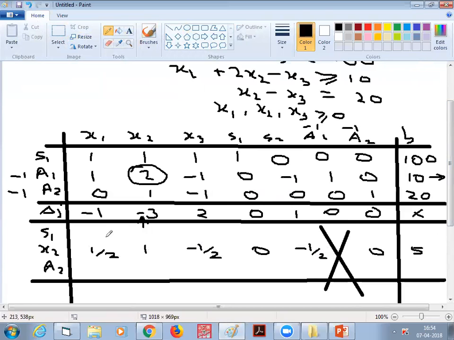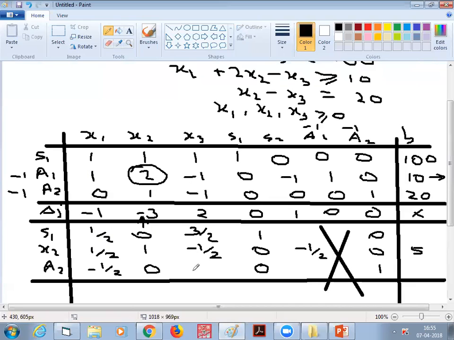All right, so now let's write down our identity matrix. The S1 column is the first column of the identity matrix. X2 column is the second column. And A2 column is the third column. And now we can cross multiply. 2 minus 1 is 1 by 2. 0 minus 1 is minus 1 by 2. 2 plus 1 is 3 by 2.